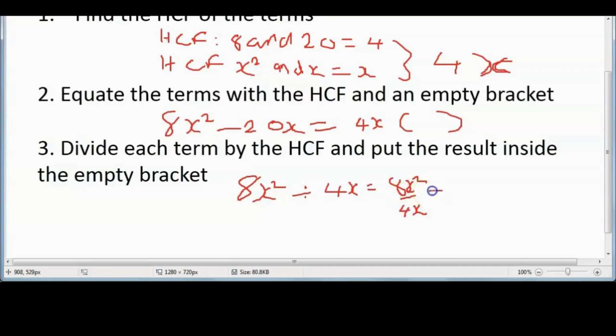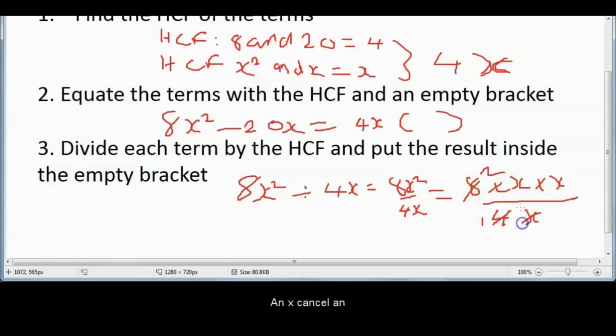It's a division, so it can be 8 multiplied by x multiplied by x, 2 times, all over 4x. So we're going to cancel. 4 into 4 is 1, 4 into 8 is 2, and x cancels x. So we're left with only 1x.